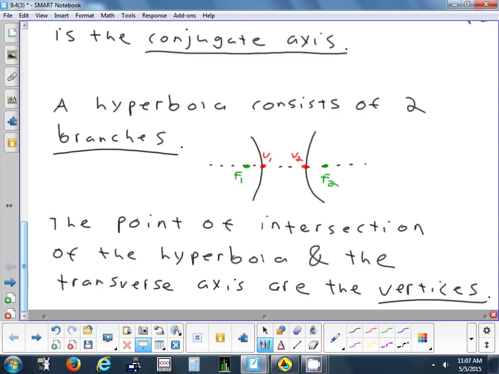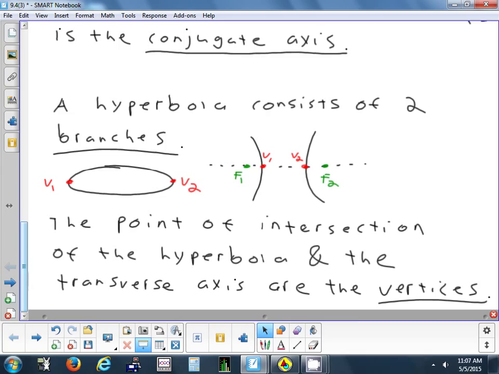Now, if you compare that to an ellipse, notice what happens here. The vertices are on the inside of the foci. You see that? That's not how it was with an ellipse. Here's an ellipse. This was V1. That was V2. And then the foci were inside the ellipse, F1, F2.